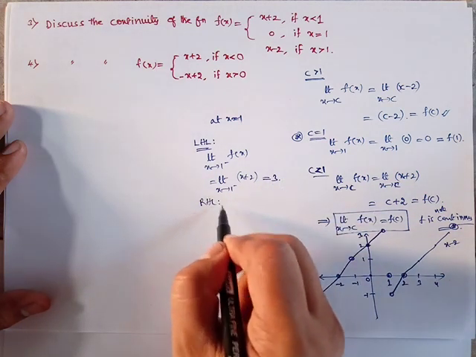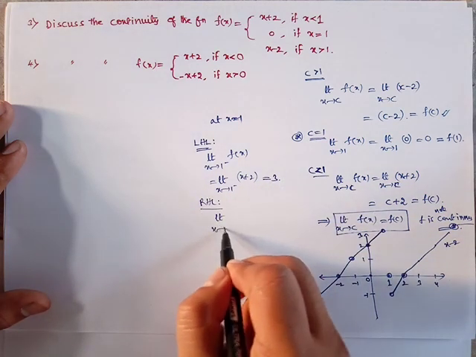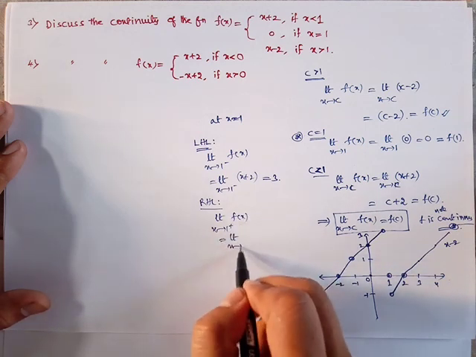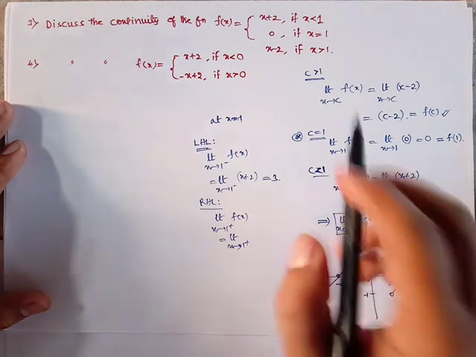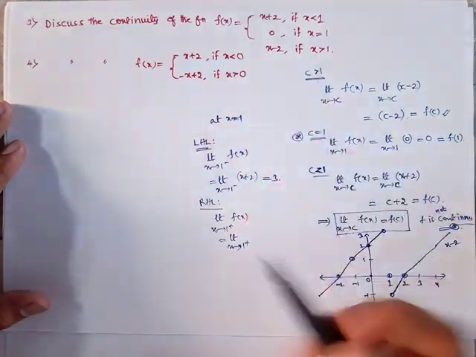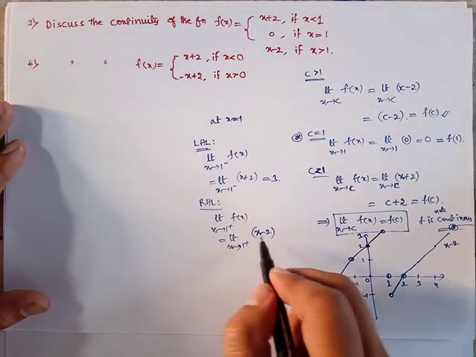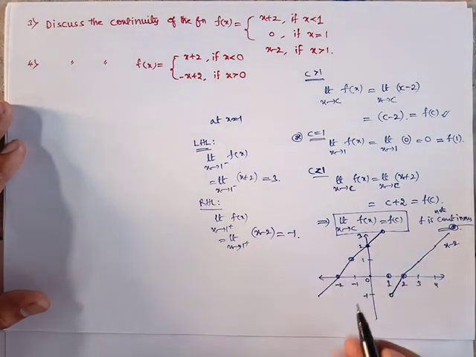And RHL, the limit as x tends to 1 plus of f of x, is nothing but for x greater than 1 it is x minus 2, so substitute 1 directly, 1 minus 2 is equal to -1.